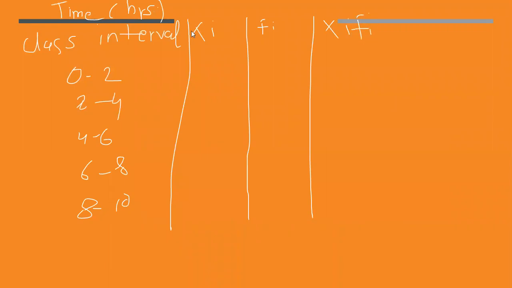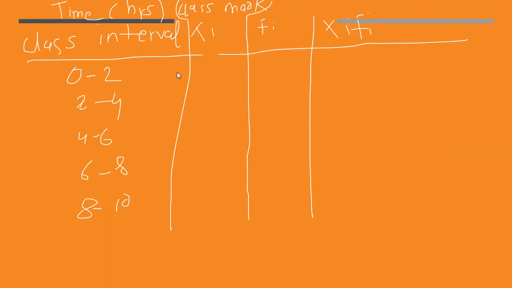And here we will write a column of xi fi. The xi is the class mark, and fi is the frequency. Class mark is pretty easy to understand. It is just like the midpoint of a line, the middle of something.